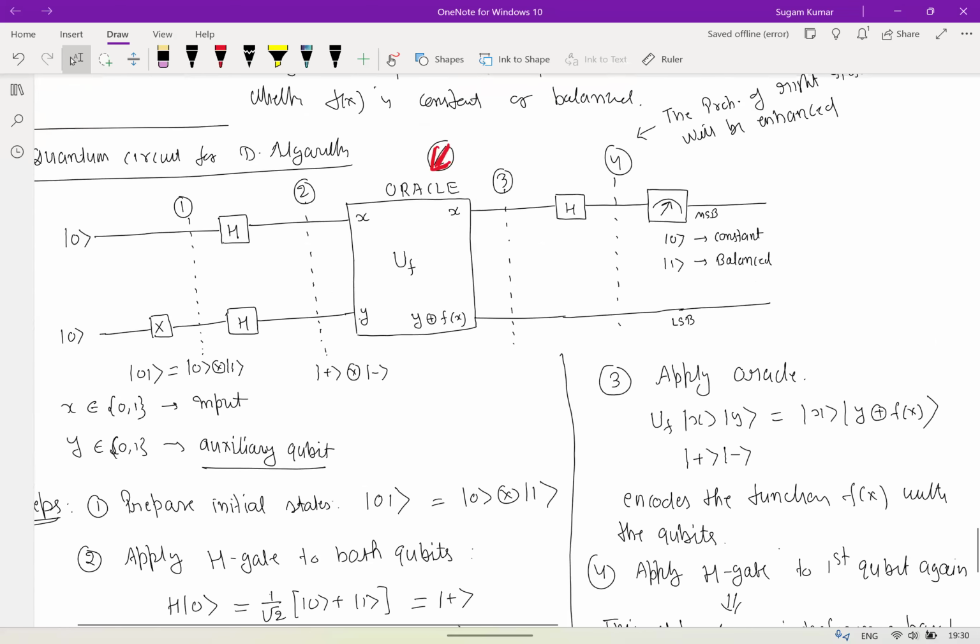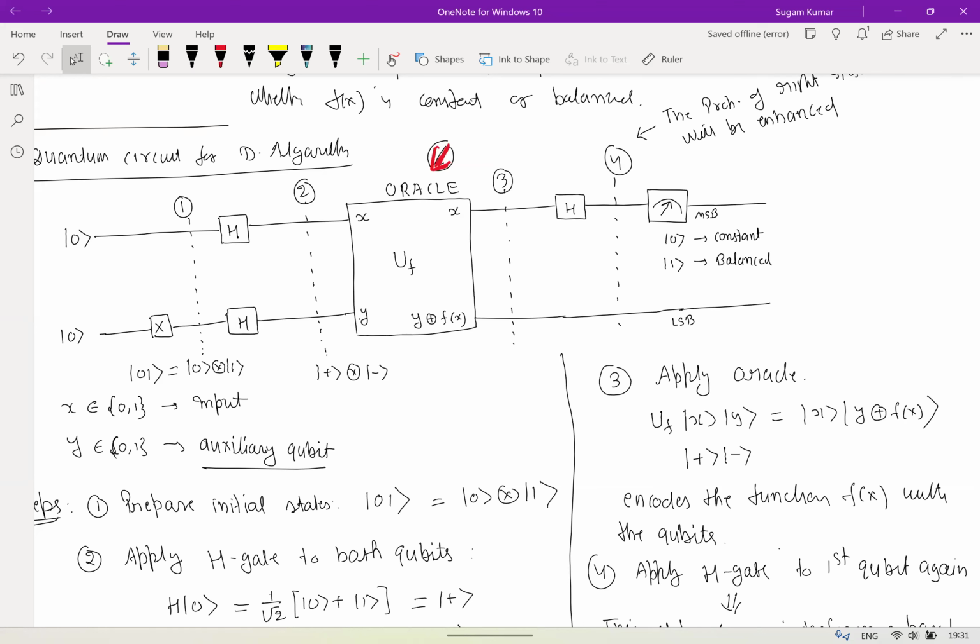This oracle will tell you whether the function is constant or balanced, but it will tell you both answers. It will give you the answer 0 and also 1, but only after the interference, the right answer will be enhanced.